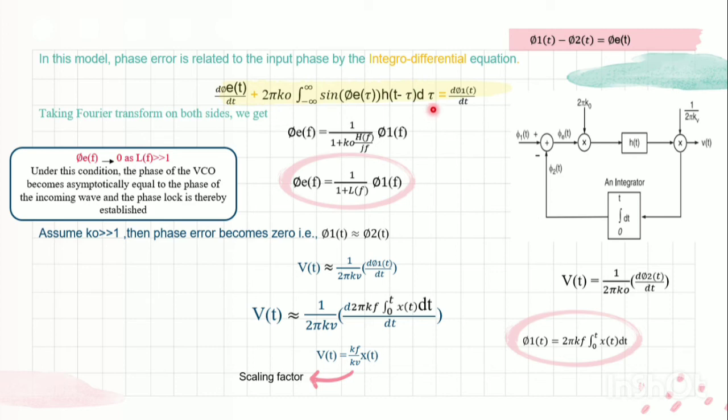The first one is the feedback path. As you can see, the feedback path is scaled by an integral circuit, and the inverse of the feedback path is described in the time domain, scaled by a differentiator.